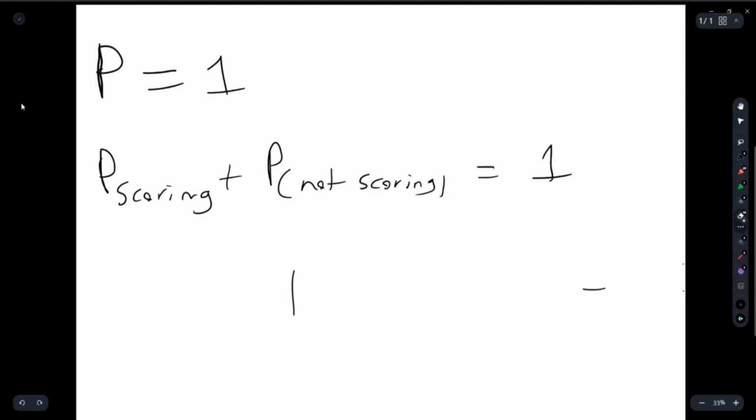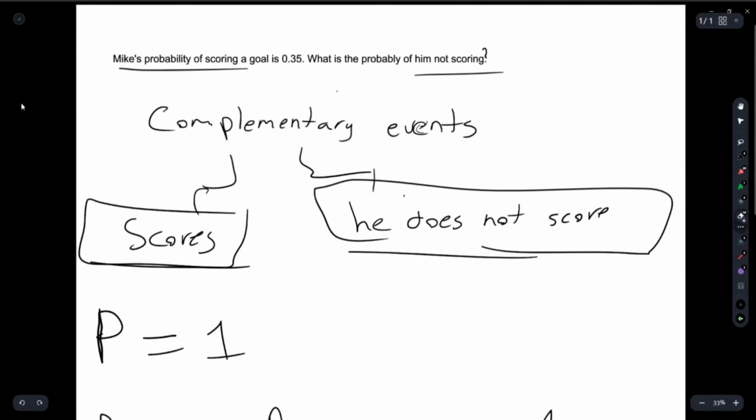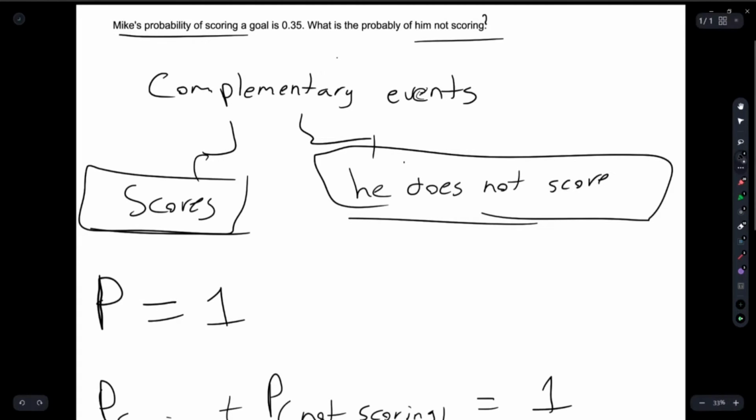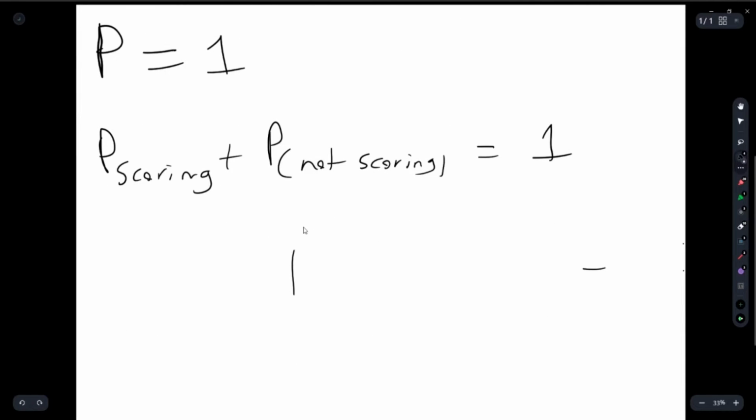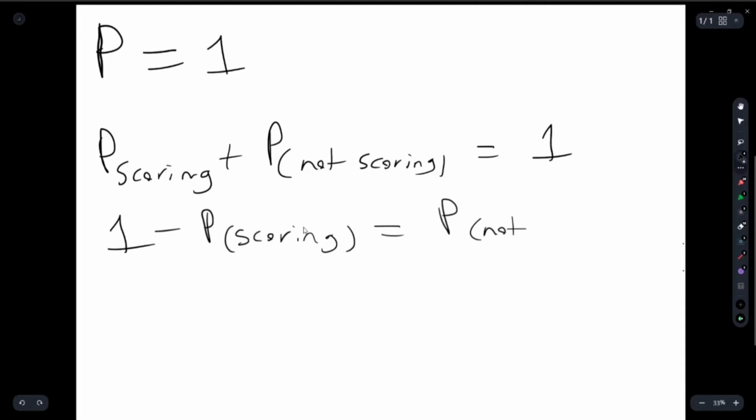Now back to our question. So again, since these two events are complementary, Mike can either score or not. The total probability will equal 1, and the probability of Mike not scoring a goal will be 1 minus the probability of scoring, which will equal the probability of not scoring.